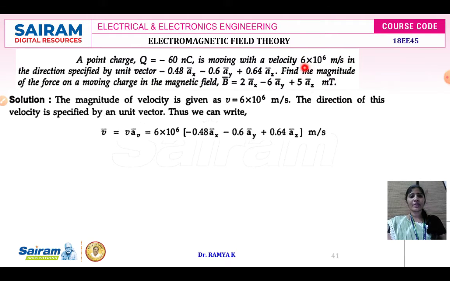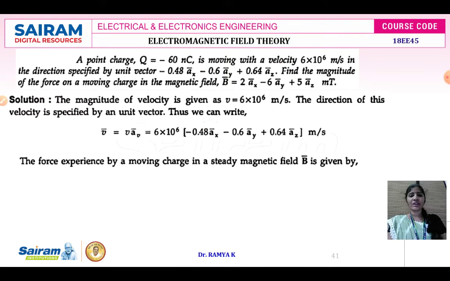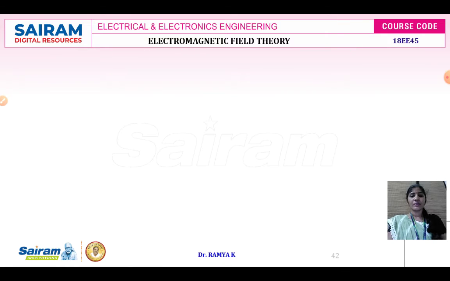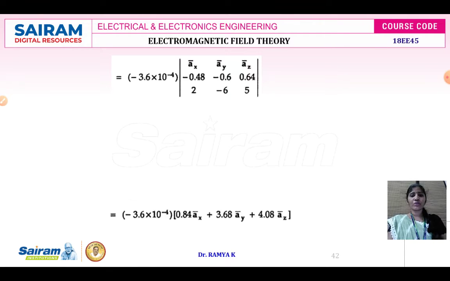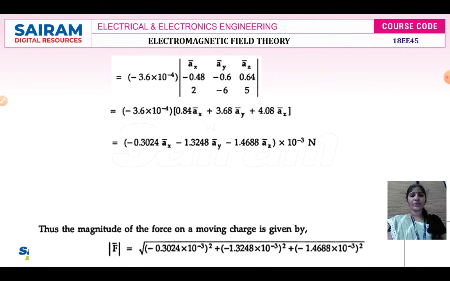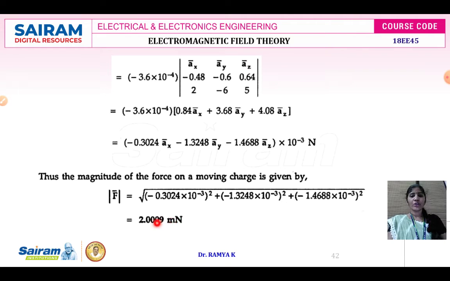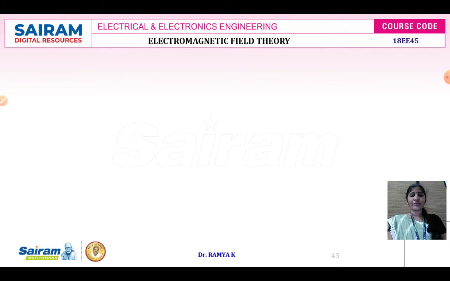We need to multiply the 6 with this unit vector. After multiplying we get the answer. From there you can substitute the values of Q, velocity V and magnetic flux density B to identify the force on the moving charge. After doing the calculation, the force on the moving charge is 2 millinewton.